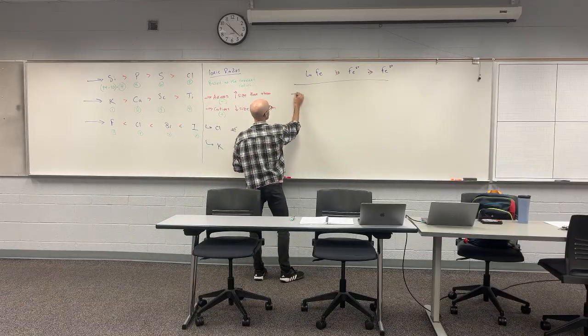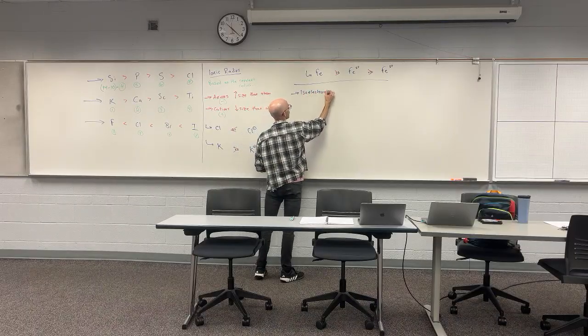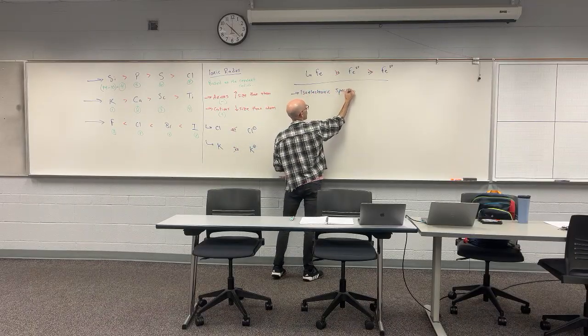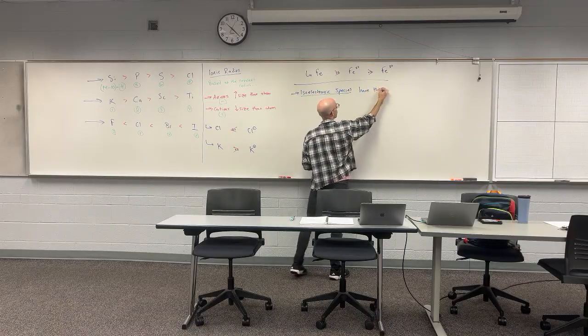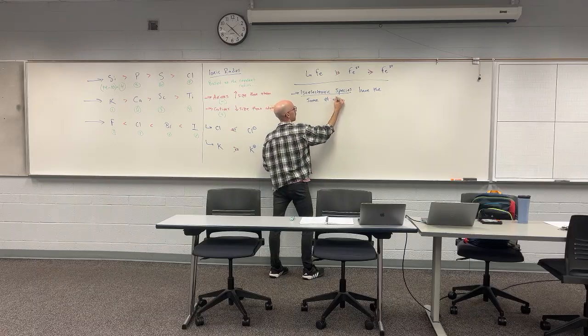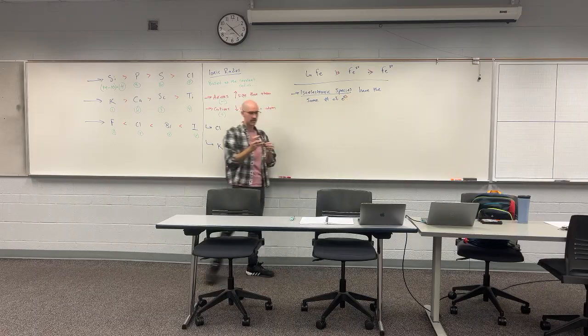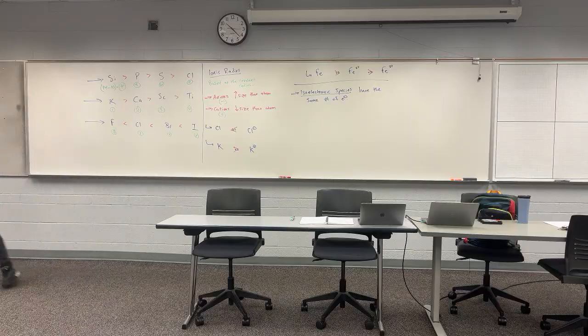This is where we introduce a term, the isoelectronic species. There are not a lot of things in chemistry that are very well named, but this is very well named.